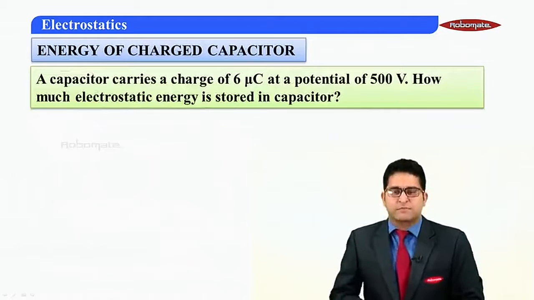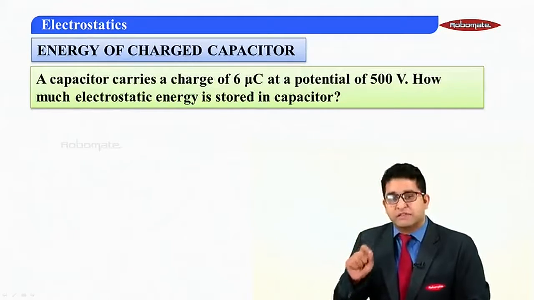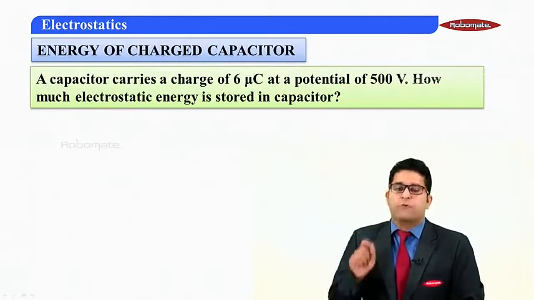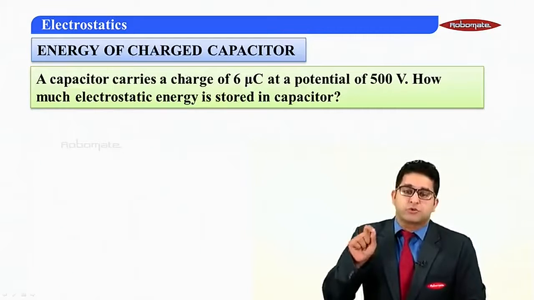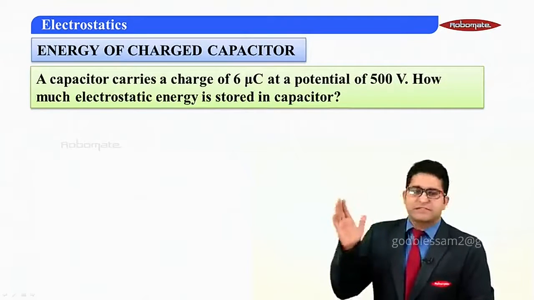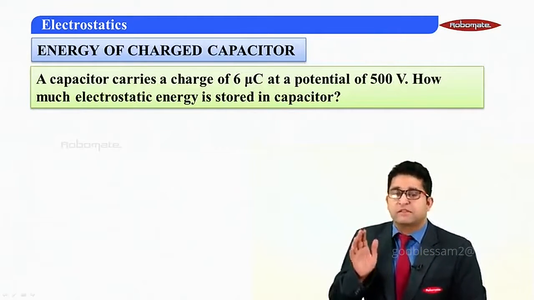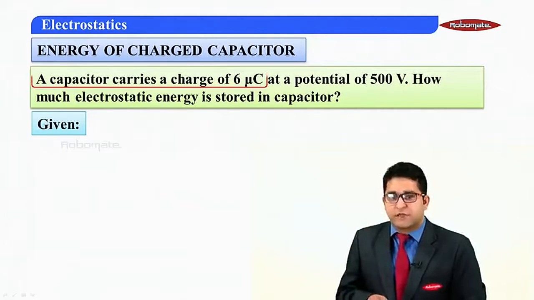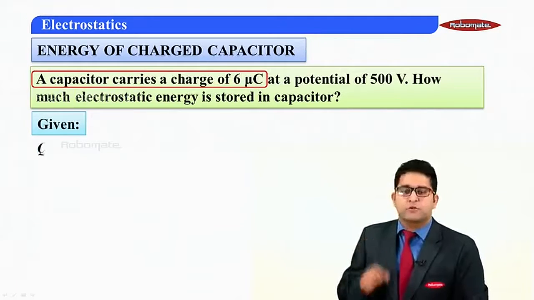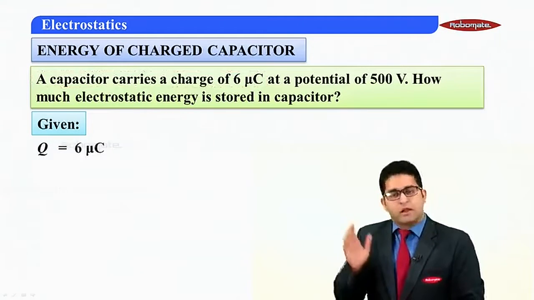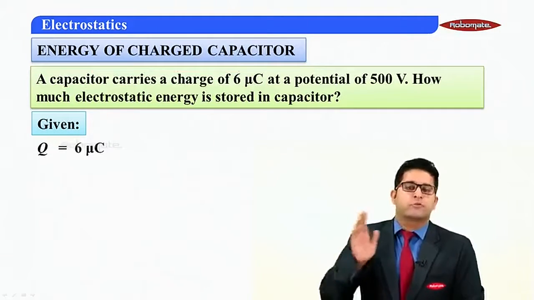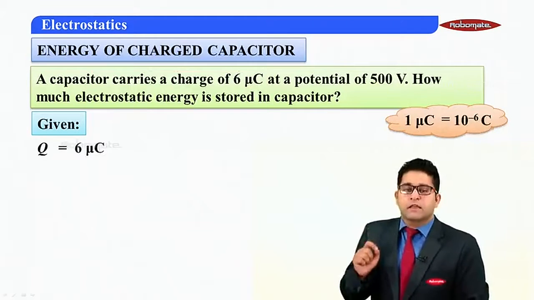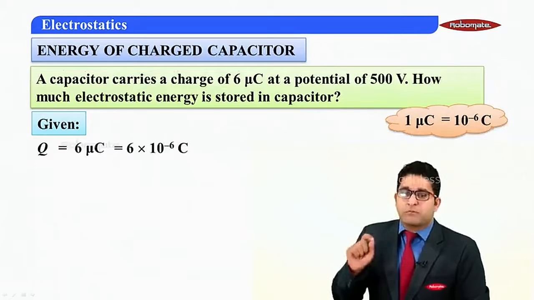It says a capacitor carries a charge of 6 microcoulomb at a potential of 500 volts. How much electrostatic energy is stored in the capacitor? Let us analyze this numerical and write the given data. The capacitor has a charge of 6 microcoulomb, so capital Q is equal to 6 microcoulomb. The conversion factor from microcoulomb to coulomb is 10 raised to power minus 6, so this becomes 6 into 10 raised to power minus 6 coulomb.